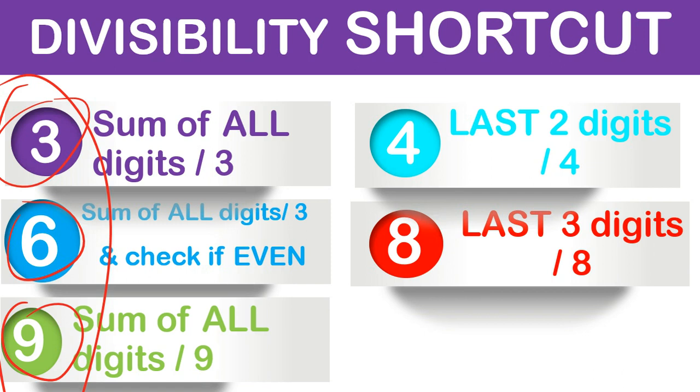To check for divisibility by 4, the number formed by the last 2 digits, and for divisibility by 8, the number formed by the last 3 digits, should only need to be tested.